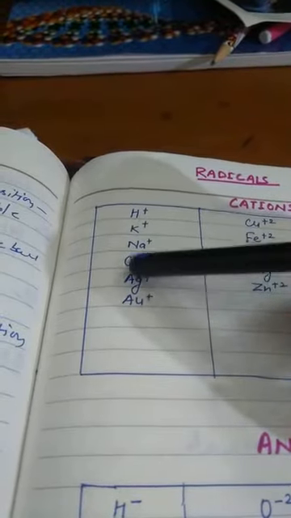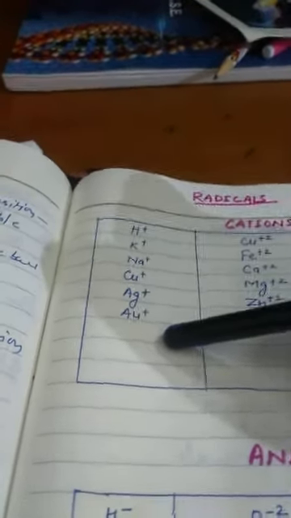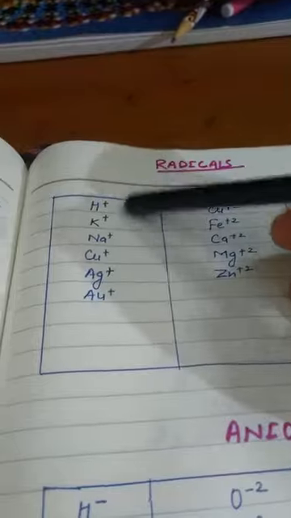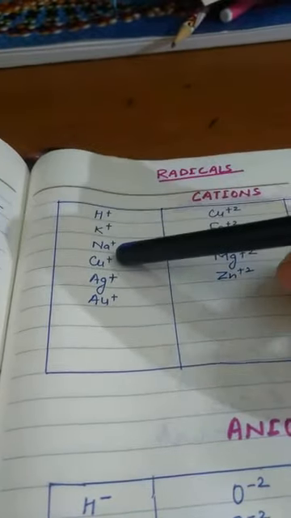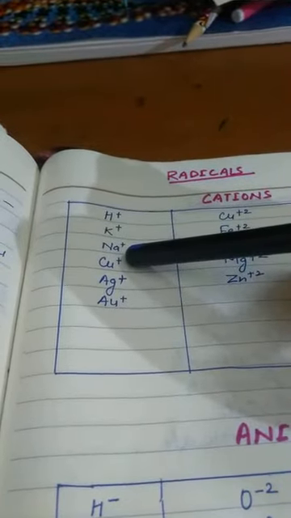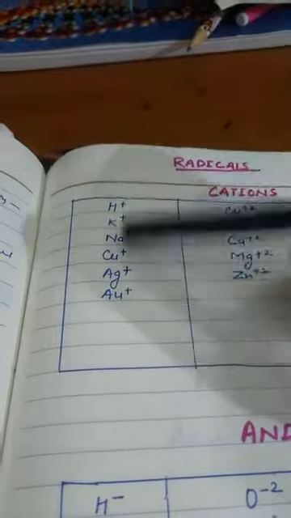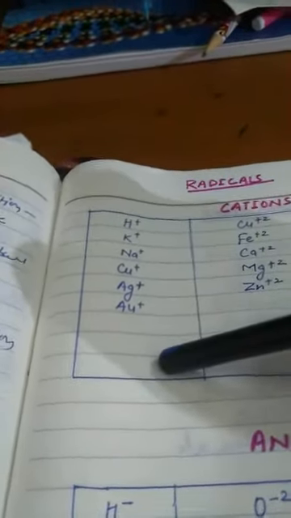So we will write copper, silver, gold and put a charge on them. So you have to learn +1 charge ions in this way: first hydrogen, then 2 highly reactive elements, and then least reactive elements. So the first column is complete.